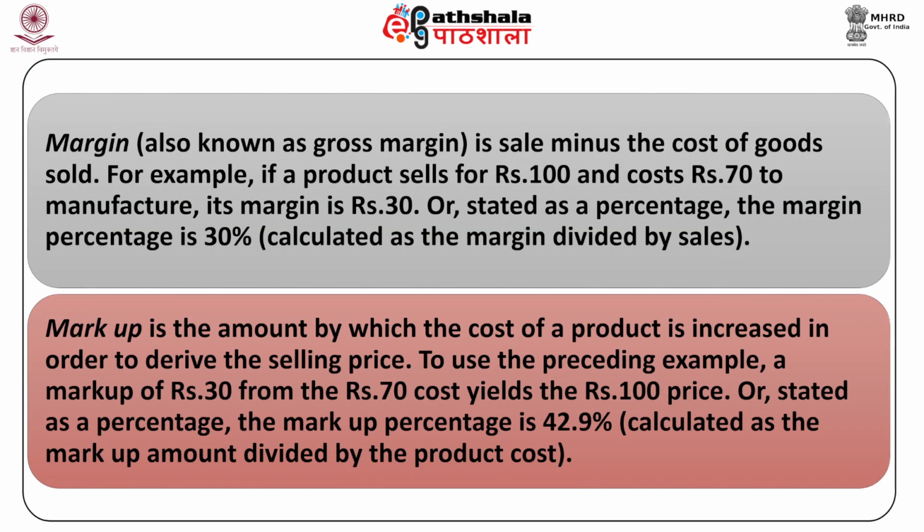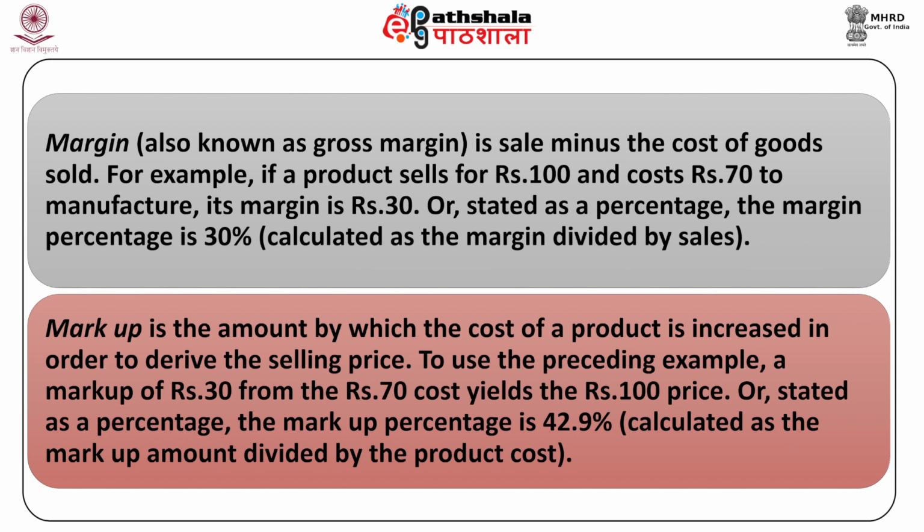Margin, also known as gross margin, is sales minus the cost of goods sold. For example, if a product sells for rupees 100 and costs rupees 70 to manufacture, its margin is rupees 30, or stated as a percentage, the margin percentage is 30%, calculated as the margin divided by the sales.